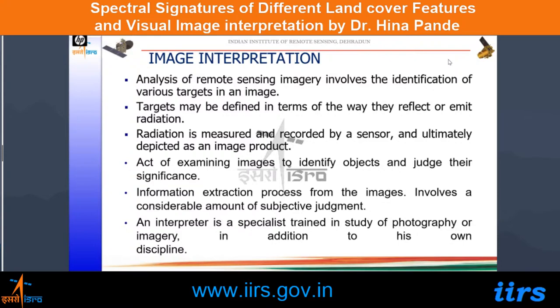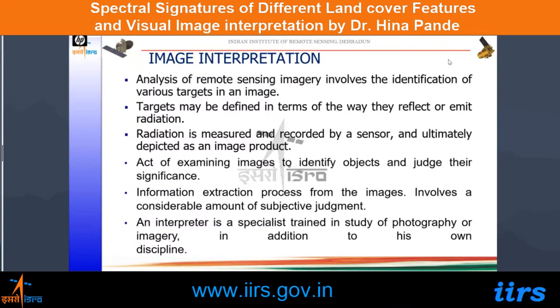Now, targets are defined in terms of the way they reflect or emit radiation. This means that the amount of radiation or energy reflected back or emitted towards the sensor after the interactions within the atmosphere and with the target is recorded there, and this is what we see in the form of an image.